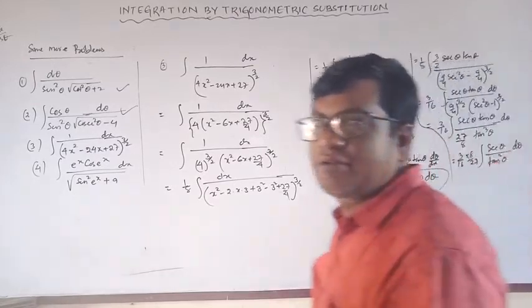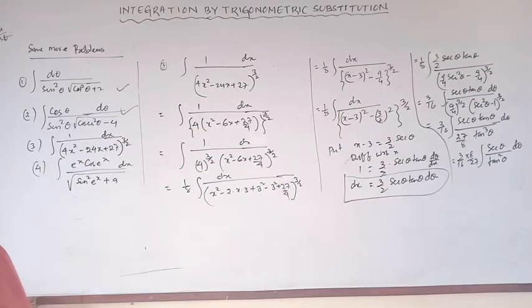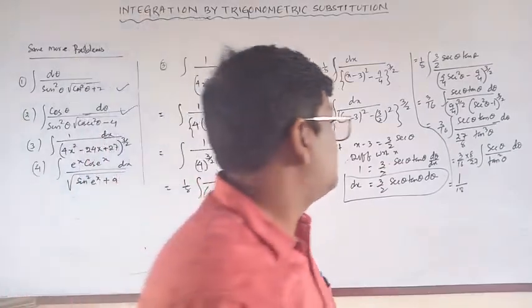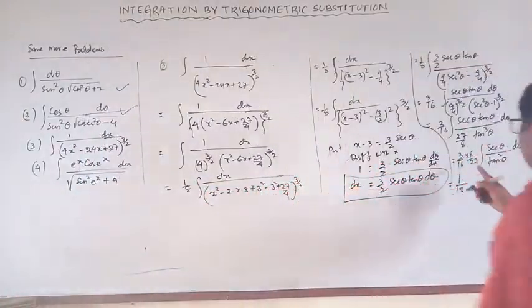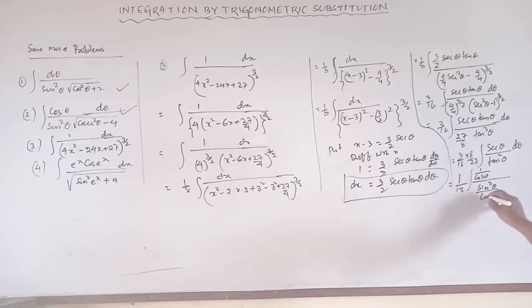Okay, so sin square theta by cos square theta, what is remaining here? This is 1 by 18, and this is what? Sec theta, this is equal to what? 1 by cos theta by sin square theta by cos square theta into d theta.